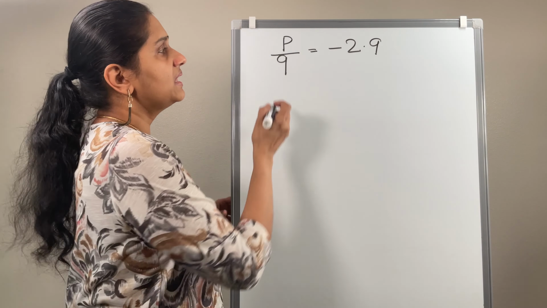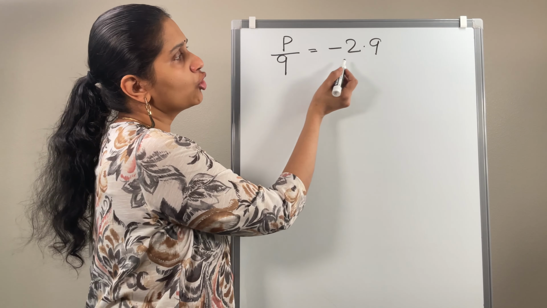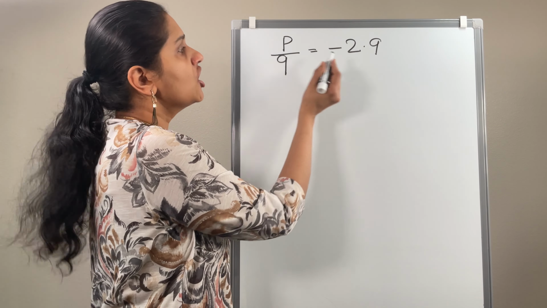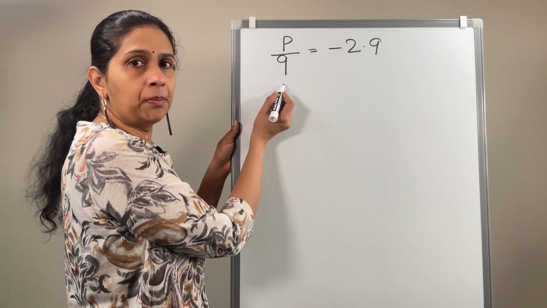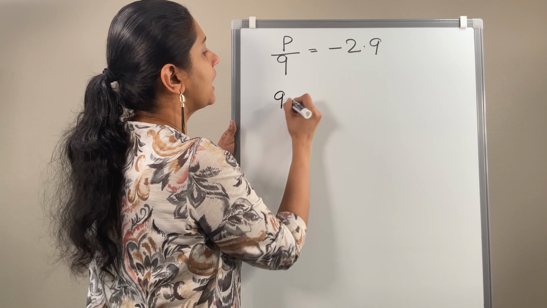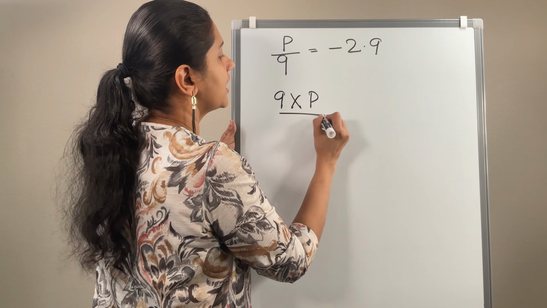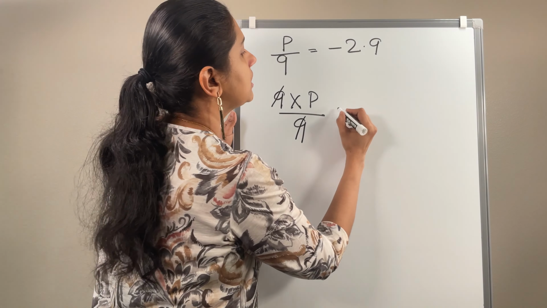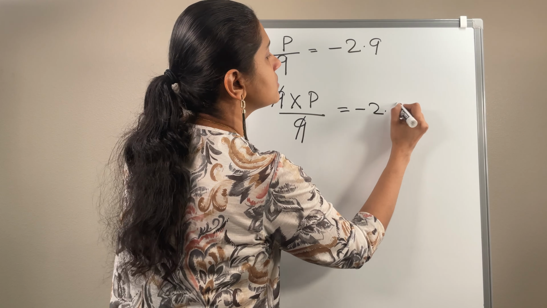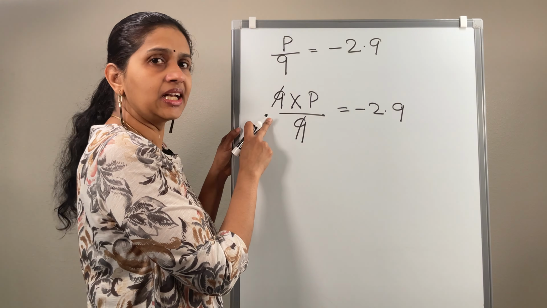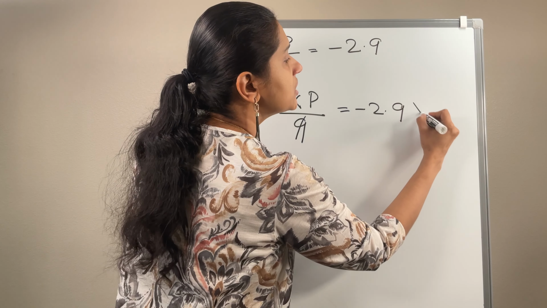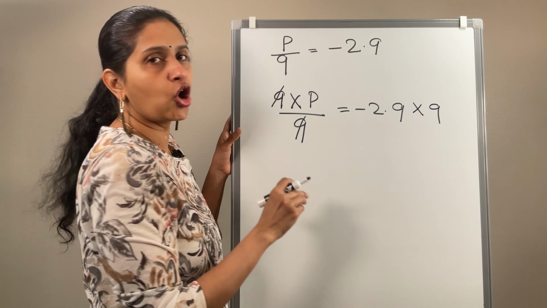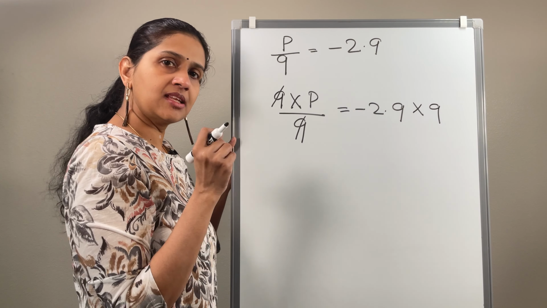Consider the example p divided by 9 equal to minus 2 by 9. So in order to isolate the variable p, just multiply both sides by 9. So what will happen? This 9 will get cancelled out and the p will get isolated. So I am multiplying this side by 9. I have to do the same thing on the right side also in order to balance the equation.